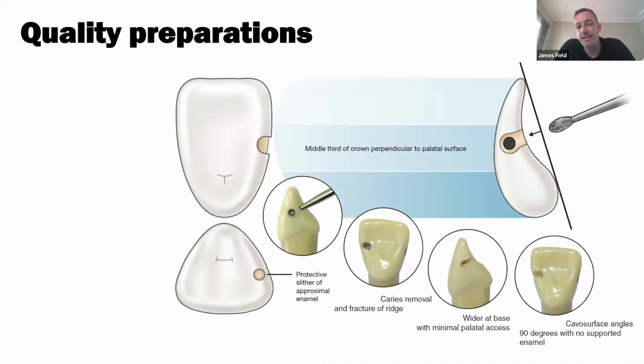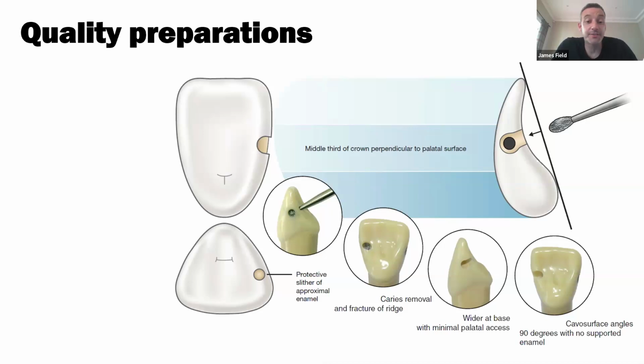And what you can see as a reminder on these pictures is that if we are approaching the anterior tooth from the palatal aspect and we are perpendicular to the palatal surface, and we are operating in the middle third of the crown, we will essentially operate through to at and around the contact point.